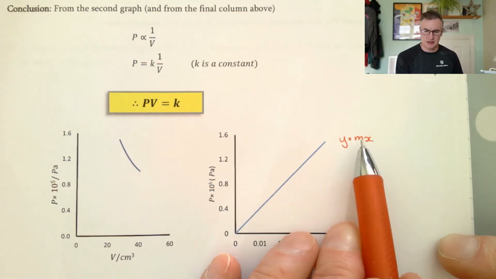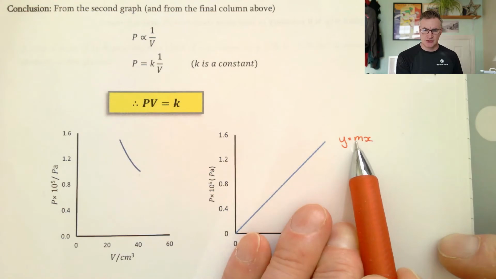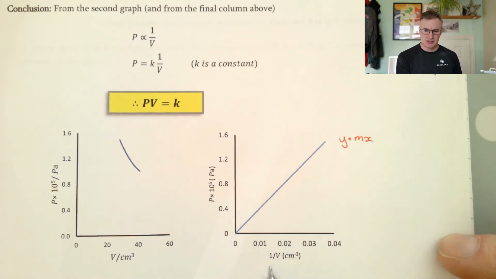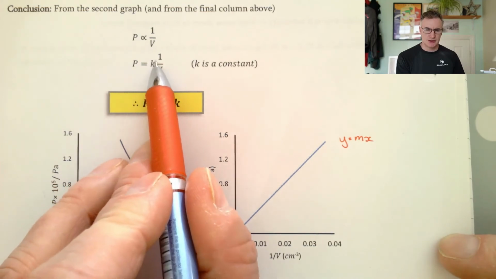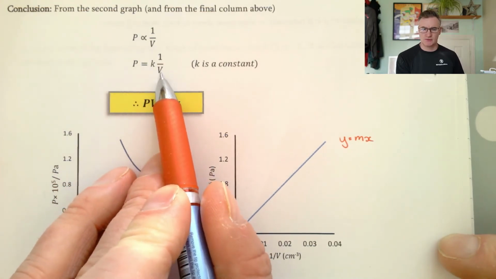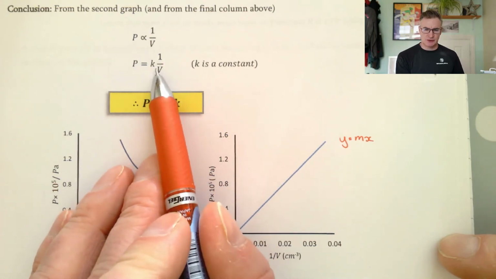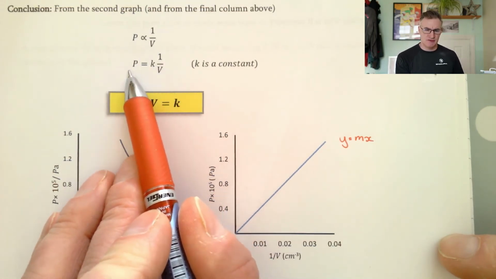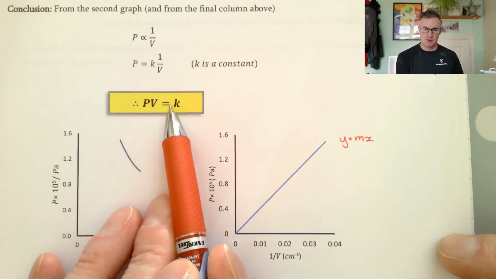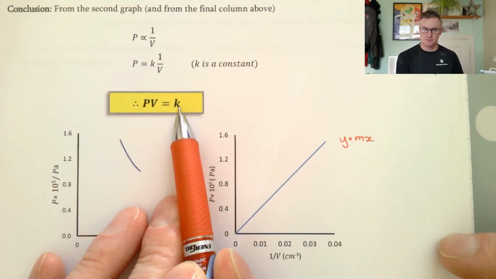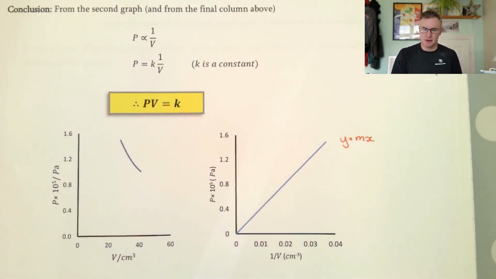M in this case is the gradient, so pressure is equal to a constant value times the x axis value, which is 1 over volume. Now, doing a bit of cross multiplication, if we cross multiply the V to bring it over here, we're left with pressure times volume is equal to a constant value. And that's our mathematical relationship for Boyle's law.